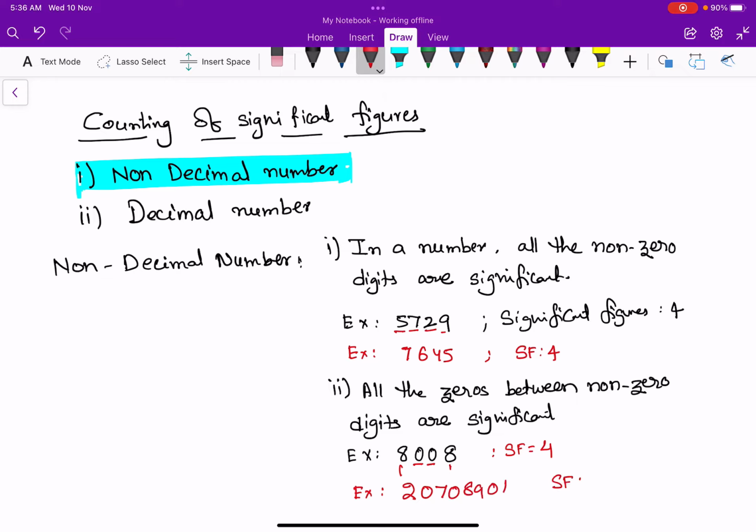How many significant figures are there? 1, 2, 3, 4, 5, 6, 7, 8. Significant figures are 8. So even zeros that exist between non-zeros in a non-decimal number are counted, considered, significant.